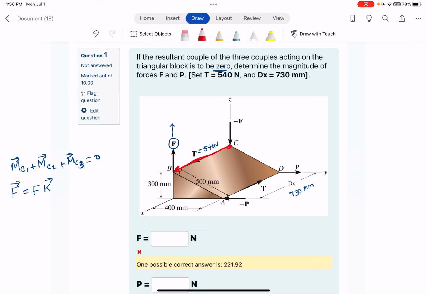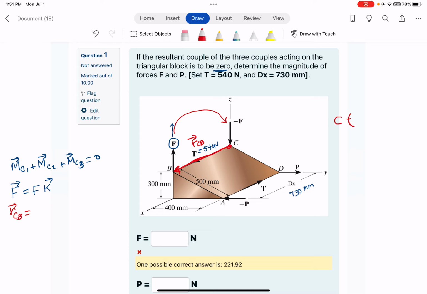So I'm going to take RCB for this one, the position vector RCB for the force F that will produce a couple moment, and that's of course going to be clockwise.